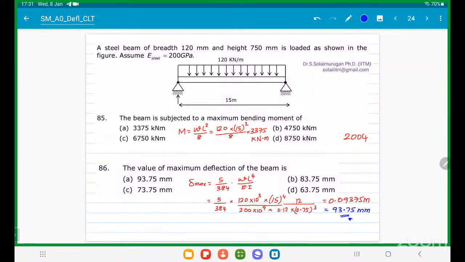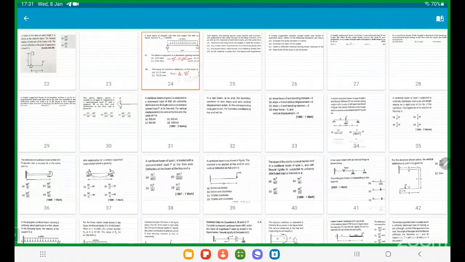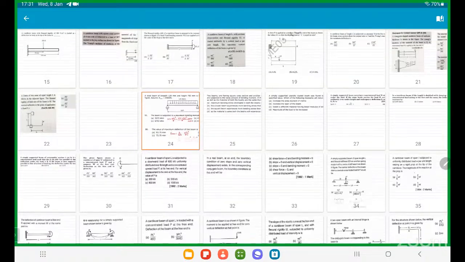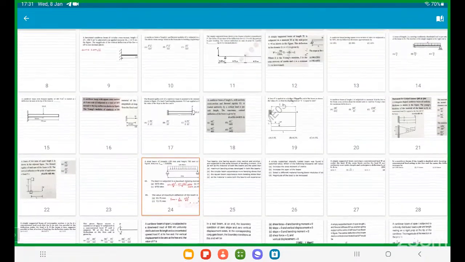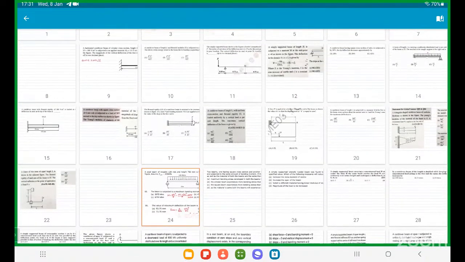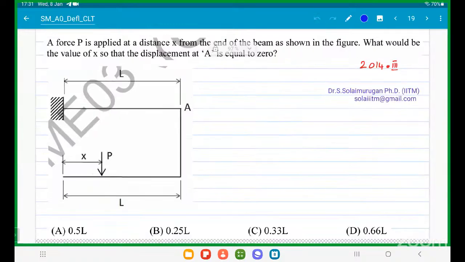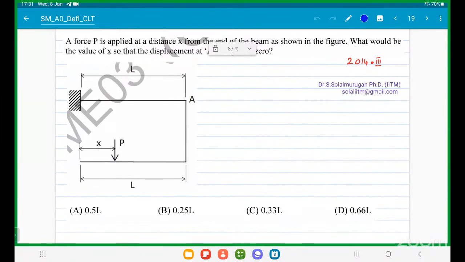Next question. It is a standard case. This is a standard answer. Read the question, then give me the idea. First read the question, give me the idea.